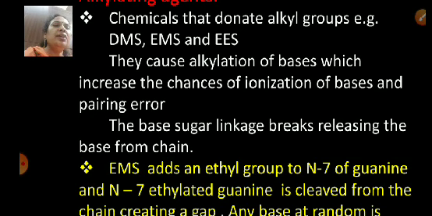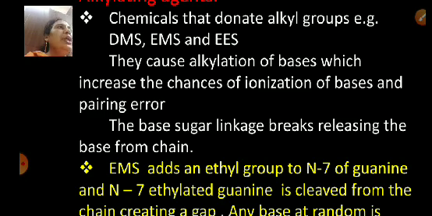After alkylation, the bases undergo ionization and become unstable. The sugar-base linkage breaks and the bases are released from the DNA, creating a gap in the DNA.